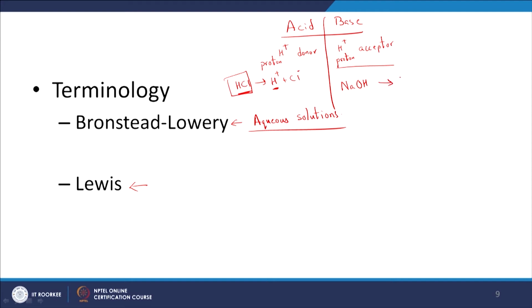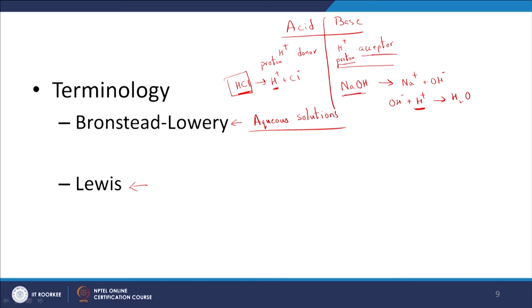If I add crystals of sodium hydroxide to water, what is going to happen here? It is going to release Na plus and OH minus, and OH minus will consume the H plus in my solution and go to H2O. So in effect it is going to consume or accept a proton, right.